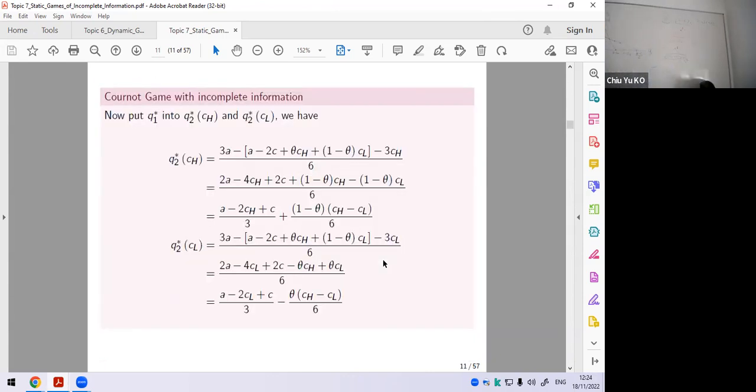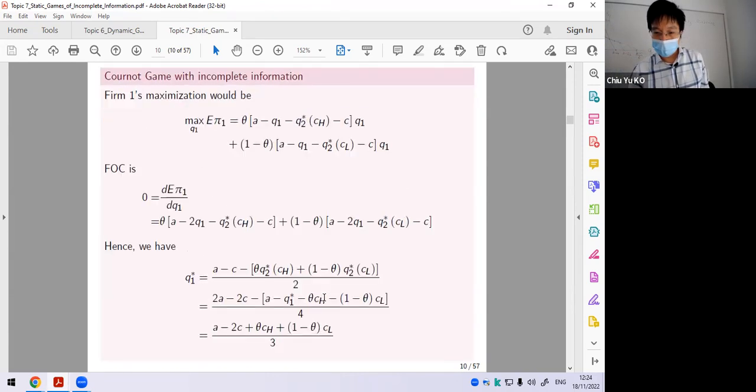And you can see if you think the cost is high, you would produce less.